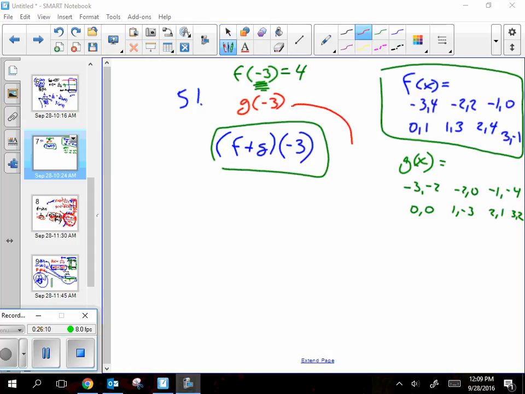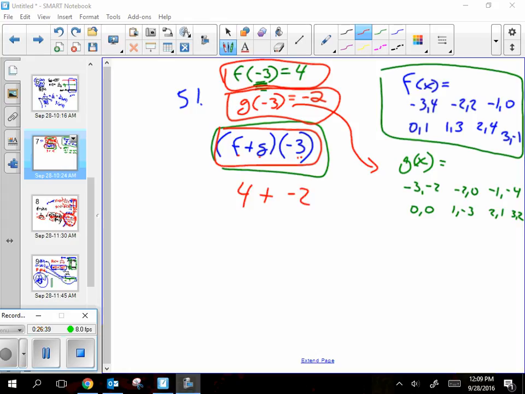Exactly. Let's go down here. What is g of -3 equal to? -2. Now that you know what f of it is and g of it is, what do you think f plus g of it is? Well, what was f of -3? 4. What was g of -3? What do you think you're going to do to them? Add them. 4 plus -2. And the answer is 2.